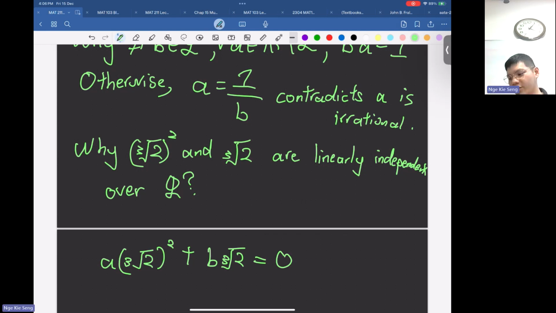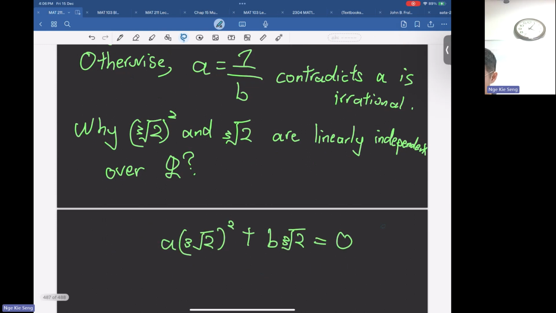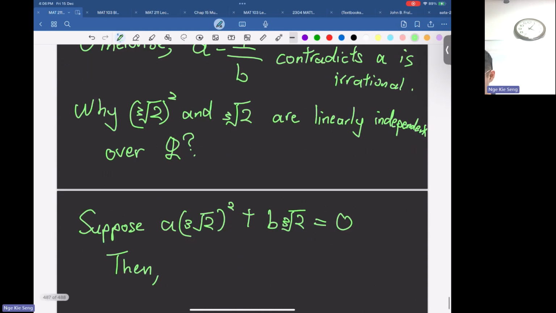Oh, okay, you want to use the inverse. So suppose this is true. Then we can multiply the inverse of cube root 2 on both sides.